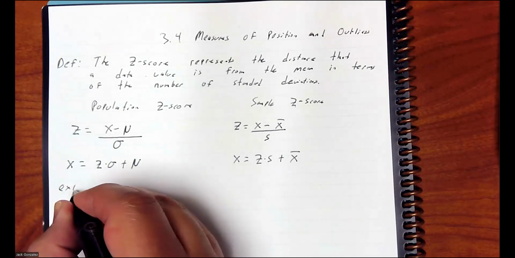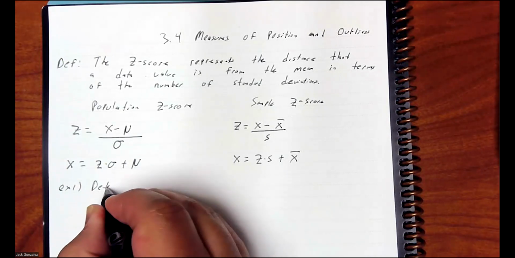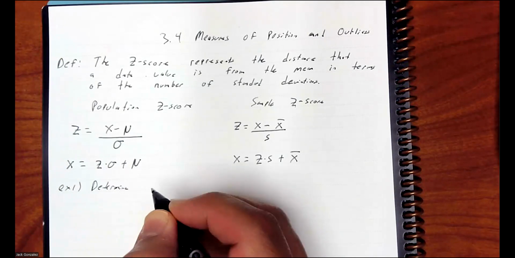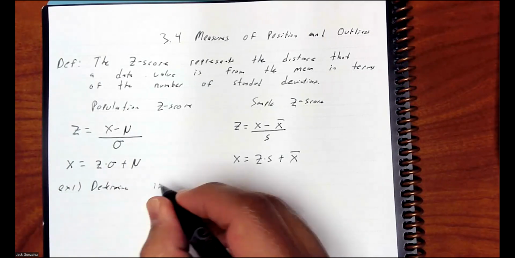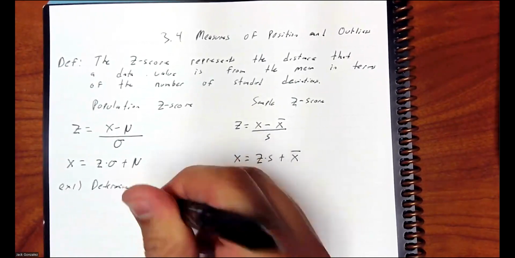So this is a basic baseball example in the book. I'm going to shorten it up because they mentioned a bunch of stuff I don't care about. Let's get straight to the point.